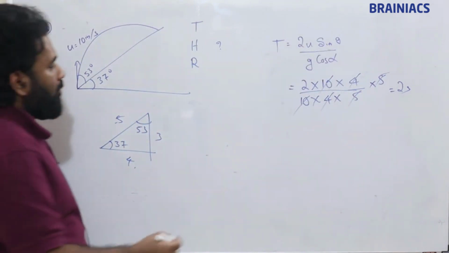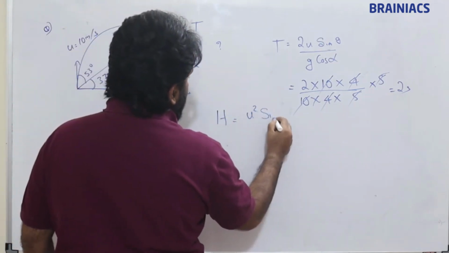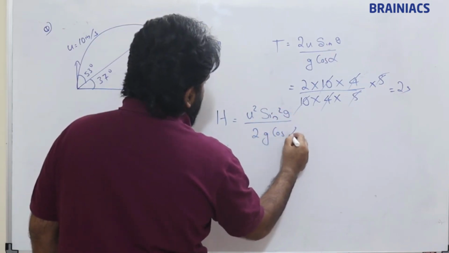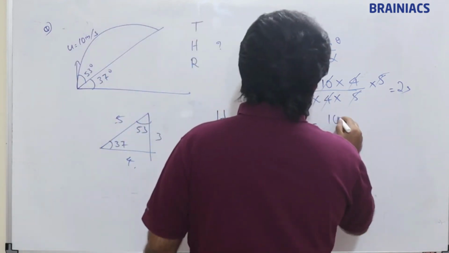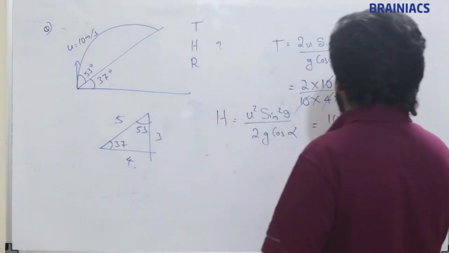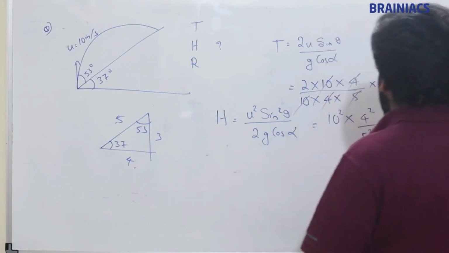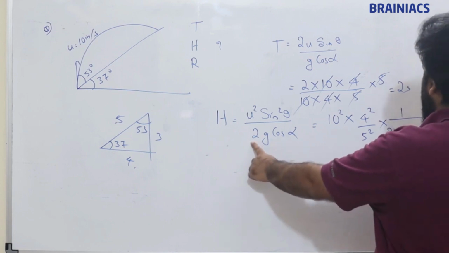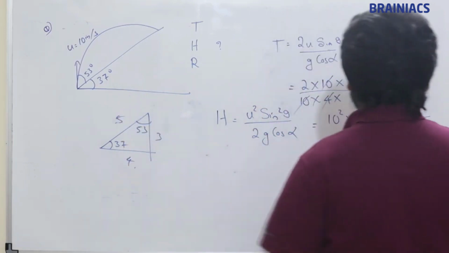Now we will see the maximum height. Maximum height is u square sine square theta divided by 2g cos alpha. So what is u square sine square theta? 10 square into sine square 53, which is 4 by 5, so 4 square divided by 5 square, divided by 2 into g is 10 into cos alpha, cos 37, 4 by 5.